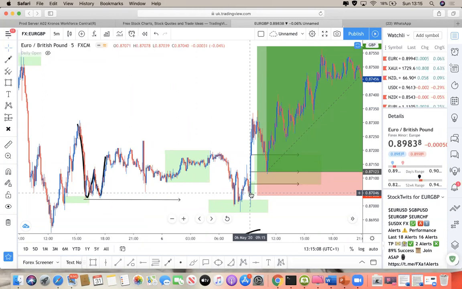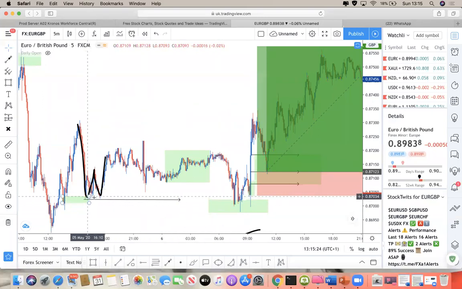Did the institutional candlestick take away liquidity? What do I mean by liquidity? Did the institutional candlestick go below the W or above the M? That is what I mean by did the institutional candlestick take away liquidity?